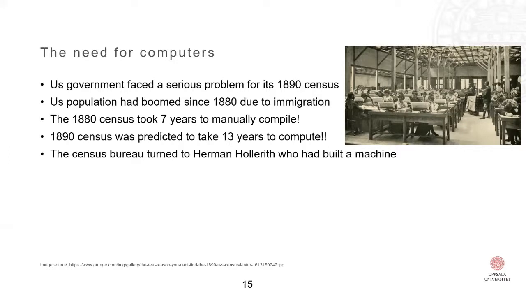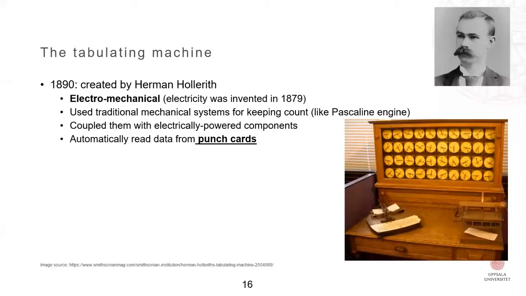So having 13 years to just compute the result of a census would be just too much. For these reasons, the Census Bureau turned to Herman Hollerith, because he had designed a machine that seemed to be useful for census. Let's see what this machine was.